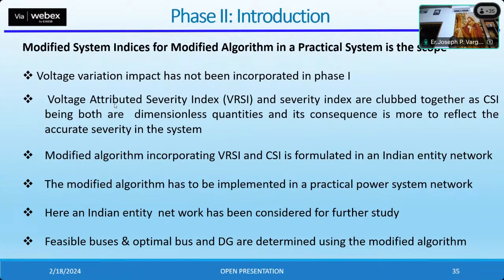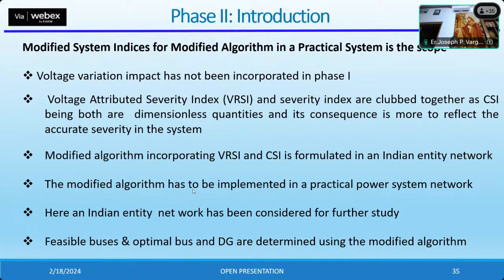Voltage variation impact has not been incorporated in phase 1. In phase 1, even though the voltages were within limits, for getting more accurate values we have to consider the voltage variation. The voltage related severity index, that is VRSI, and the current severity index are calculated, and this is termed as CSI.